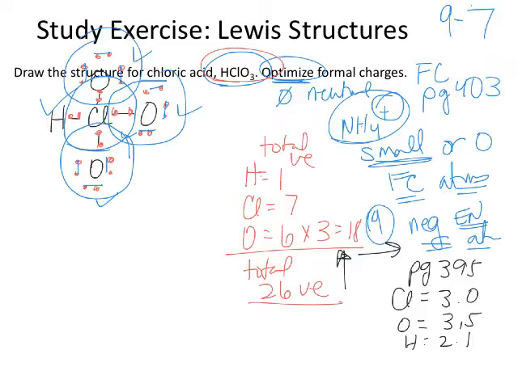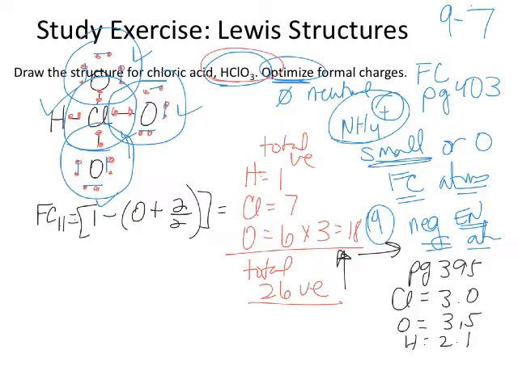Now you want to do formal charges for each element. So the formal charge for hydrogen, if you remember your formula, is 1 because it's in group 1, minus the number of non-bonding electrons, which is 0, plus the number of bonding electrons divided by 2.